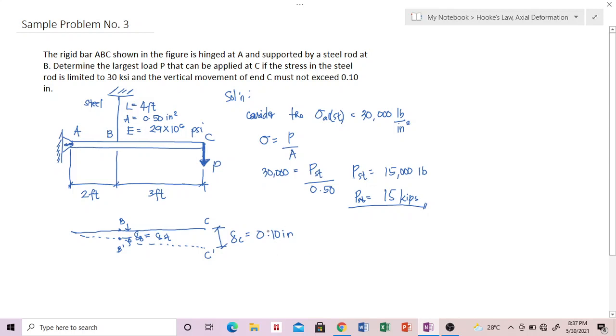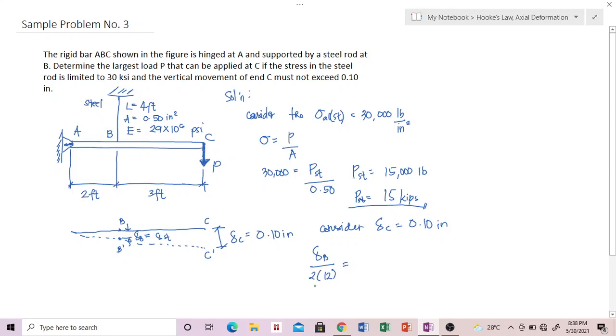Now, based on the problem, another condition is that the end C must not exceed 0.10 inch. Therefore, by ratio and proportion, consider delta C equivalent to 0.10 inch. We have displacement of B over 2 feet, or 2 multiplied by 12 to make it in inches.